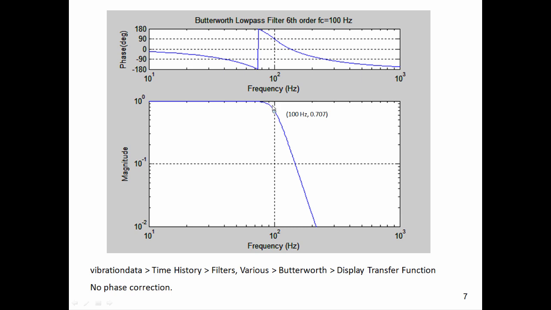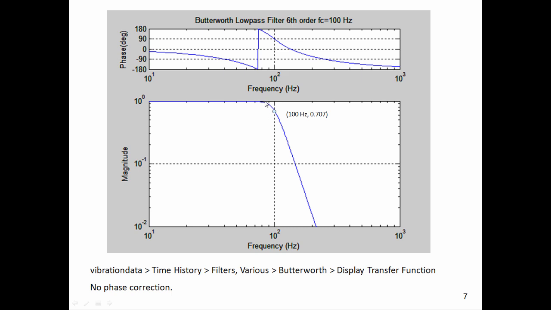We're going to sacrifice a little bit of that energy, and we're going to retain some of the energy above 100 Hertz. Just keep in mind also that this is a log-log plot. So this would look different, obviously, if it's linear. Now, again, this is a 6-order filter.